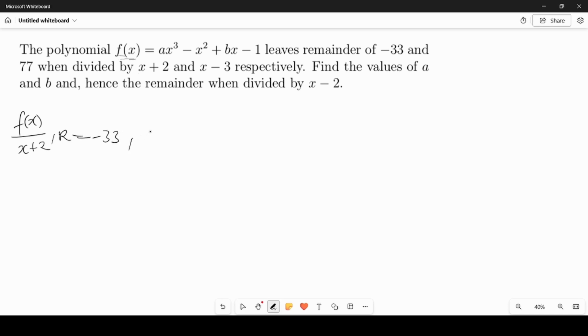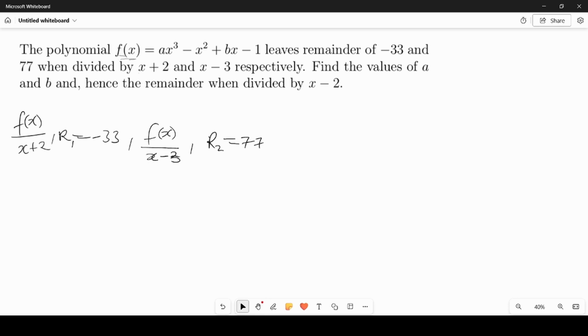Then when we divide f of x by x minus 3, the remainder, let's call this one remainder 1 and that one remainder 2, is 77.